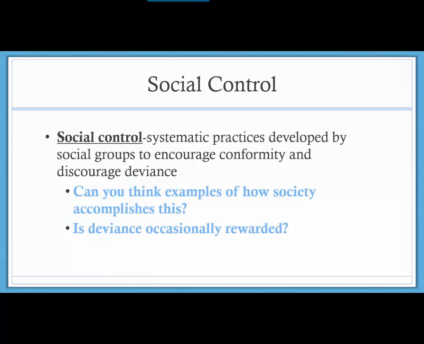I think that's one of the interesting things about the rise of social media and Instagram influencers and YouTubers: there is this kind of wiggle room where sometimes in some segments of society, we give a little bit of prestige, status, public acclaim to people that do something deviant. Think about those prank videos, right?